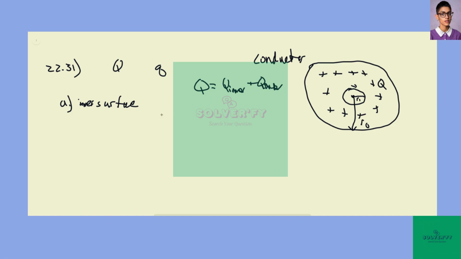Now we want to create a Gaussian surface that just barely encloses the inner surface. Since the electric field inside of the conductor must be zero, we know that the enclosed charge of our Gaussian surface is Q inner plus little q.